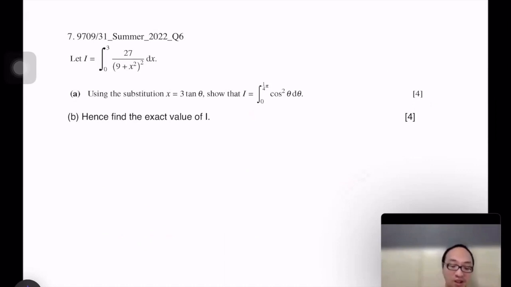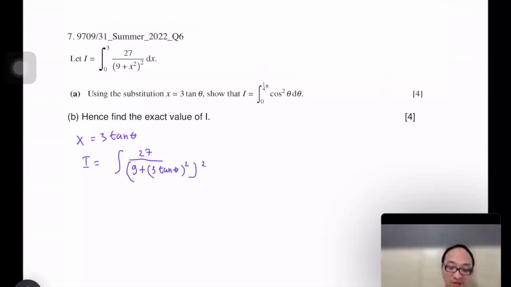In here, using the substitution of x equals 3 tangent theta, that means I is the integral of 27 over 9 plus, changing x into 3 tangent theta, (3 tangent theta) square, and then square again, dx.